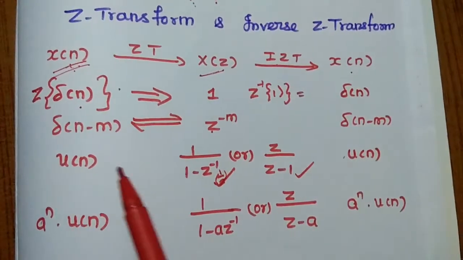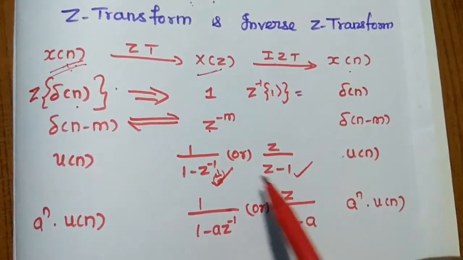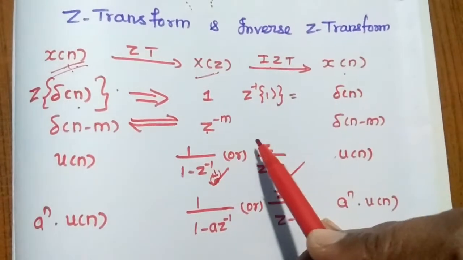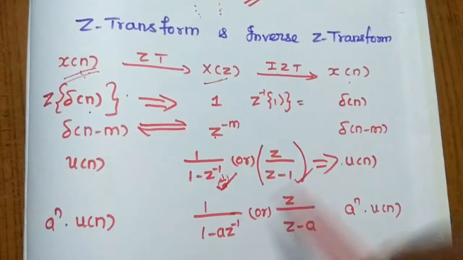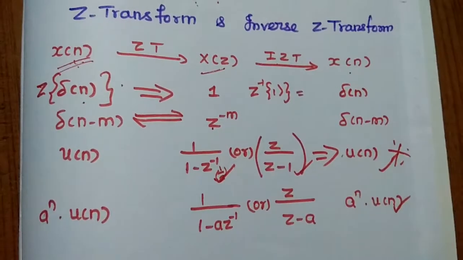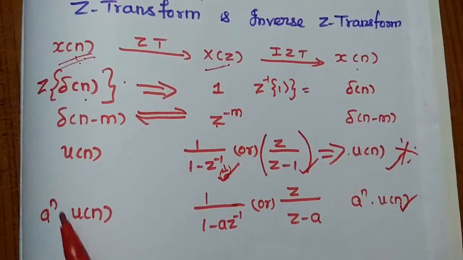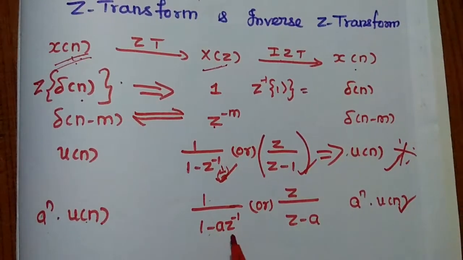So Z transform of u of n is equal to 1 by 1 minus z inverse, or z by z minus 1. If I take the inverse Z transform of this value, that gives u of n. These two values are widely used in difference equations. Likewise, a power n into u of n is equal to 1 by 1 minus a z inverse.